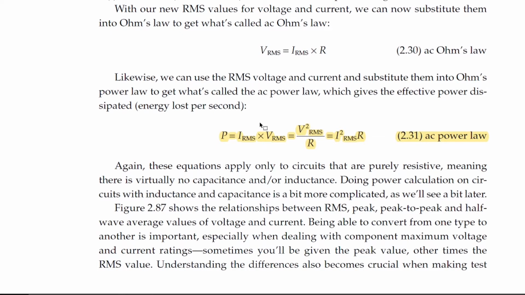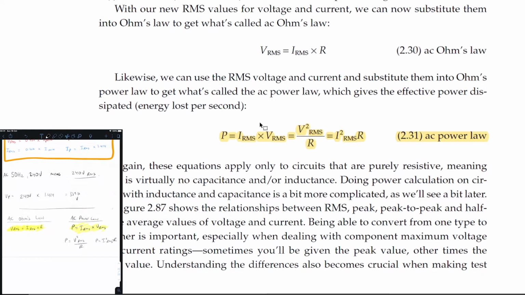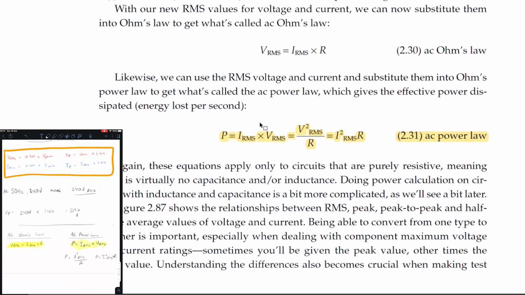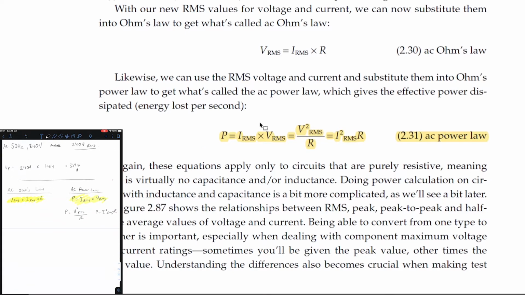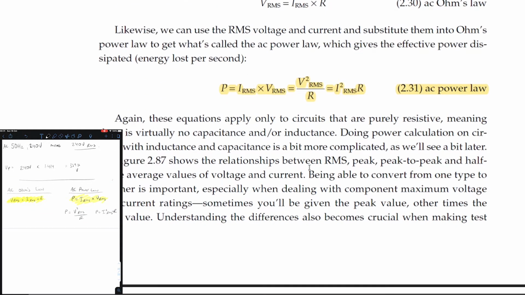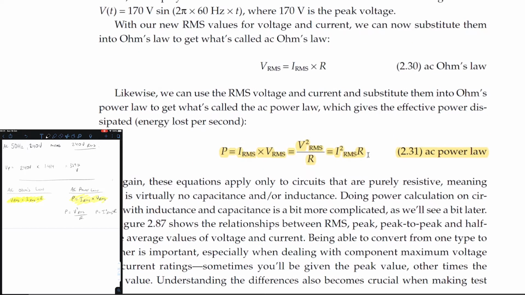All good. Okay, so we covered AC Ohm's law and AC power law. Because it says it here. Let's find it. Into Ohm's power law to get what's called the AC power law. So this is the AC power law here.